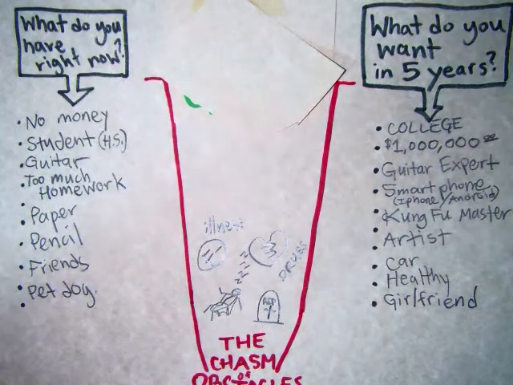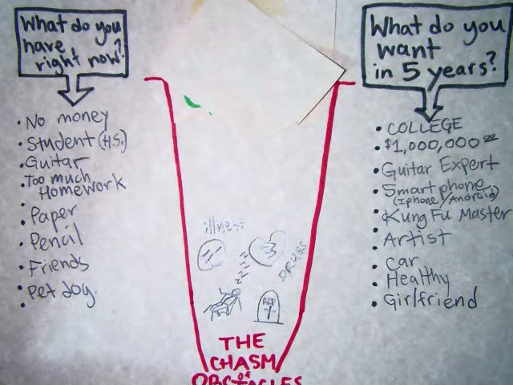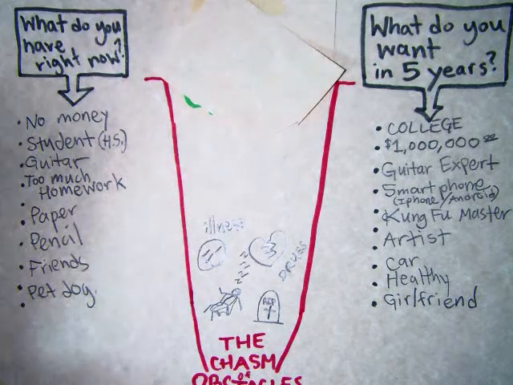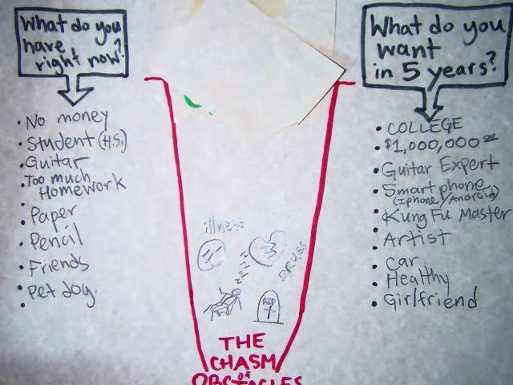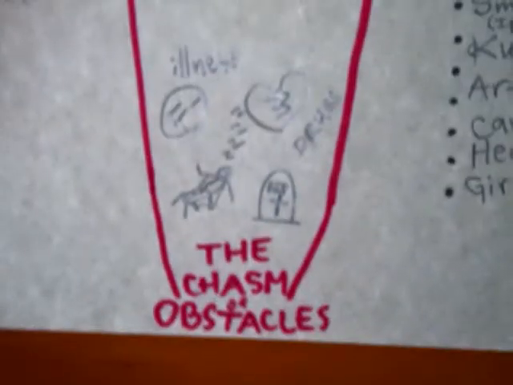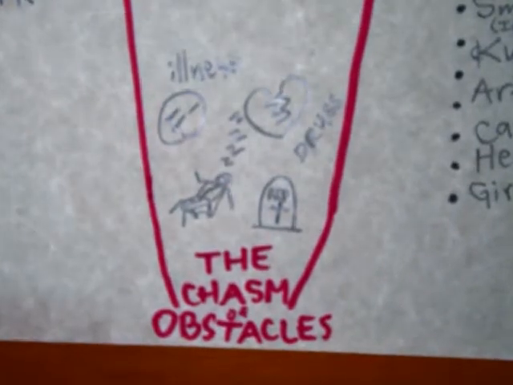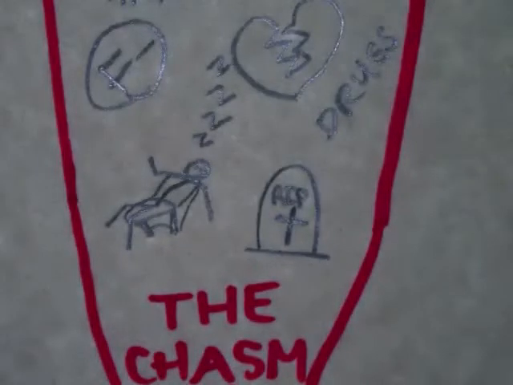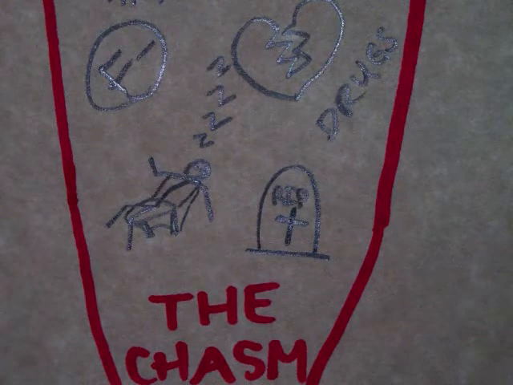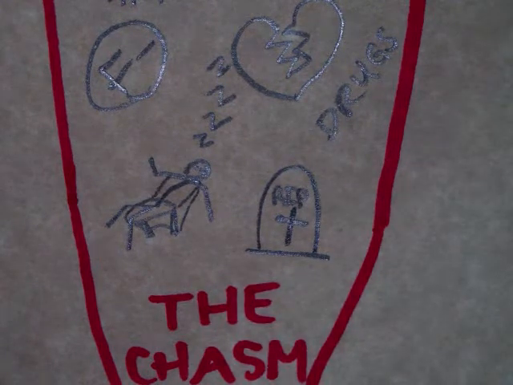And in this valley, you want to think of, between now and then, you're going to fall into some kind of traps or roadblocks. Here we'll call them the chasm of obstacles. Some things that can happen between now and then could be a death, either yourself or someone very close to you, or just some unforeseen circumstance like that.